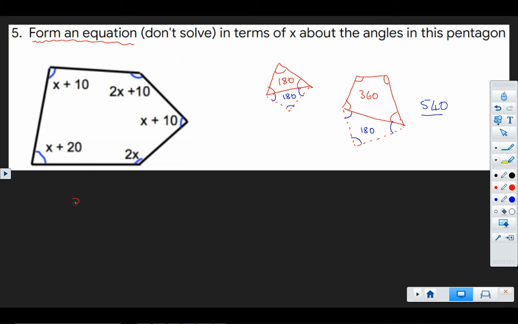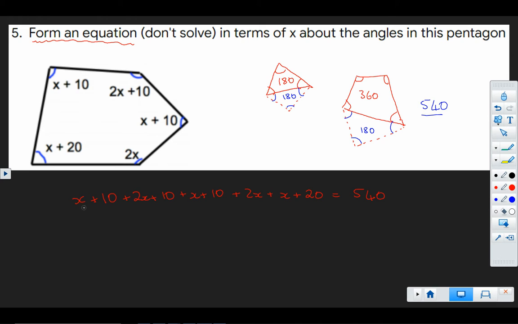So all my angles here, x plus 10, plus 2x plus 10, plus x plus 10, plus 2x, plus x plus 20, all sum to 540 degrees.